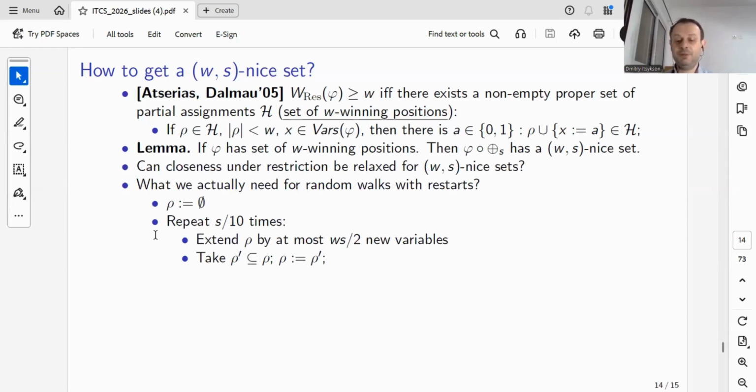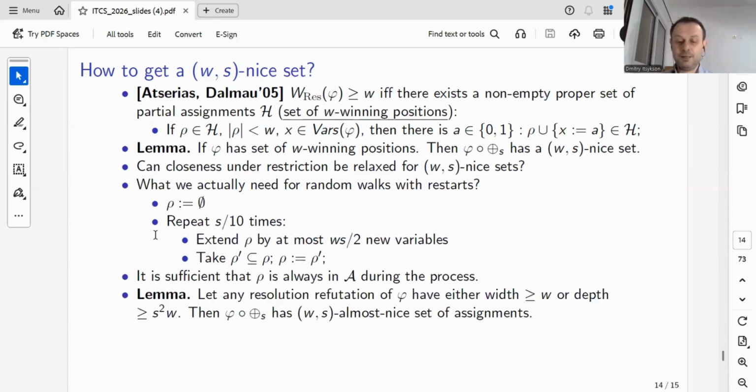We only need to ensure that during such operations, rho doesn't leave A. Such a property can be achieved by assuming a weaker condition on the initial formula. Namely, assume that any resolution refutation of phi either has width at least W or depth at least WS squared. Then phi lifted with a parity of size S has this almost WS nice set of assignments.